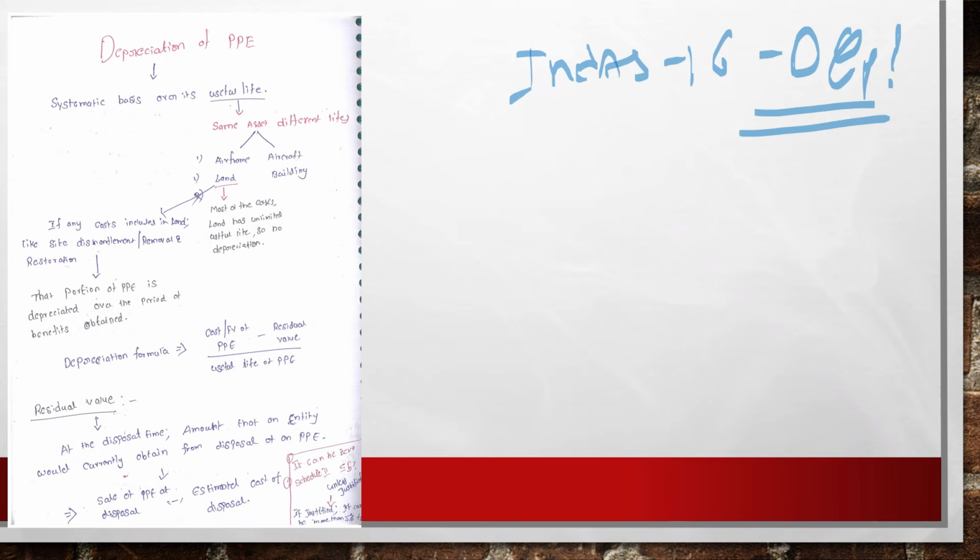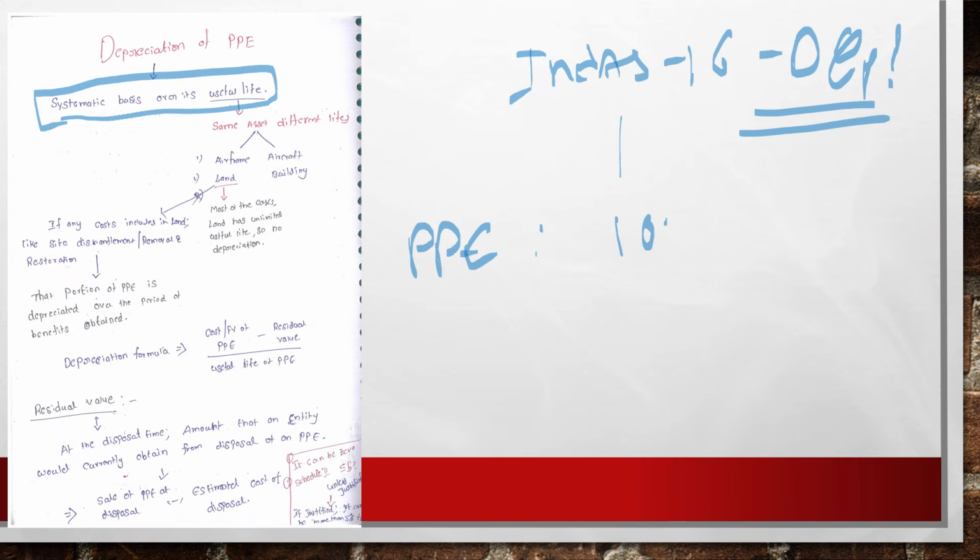The definition of the standard is depreciation of the PPE on a systematic basis over its useful life. Systematic basis means, say suppose you have a PPE, you accounted that PPE for 1 lakh, and its useful life is 10 years.